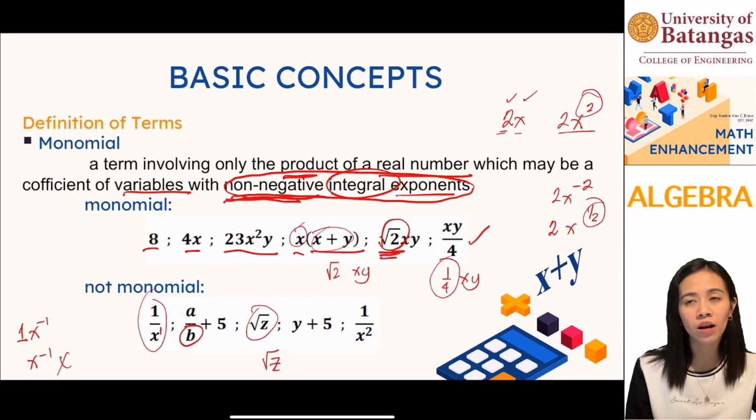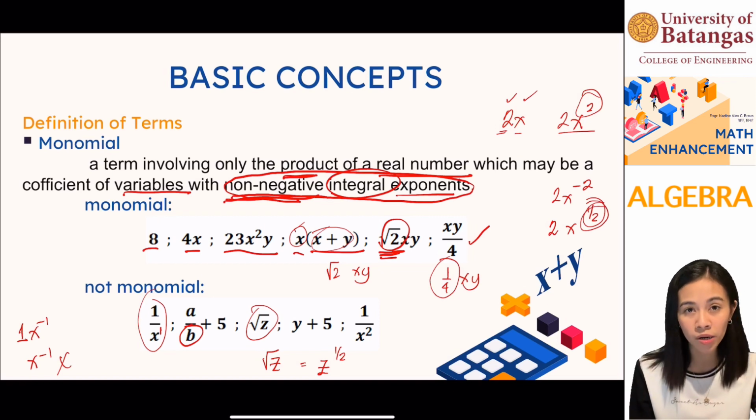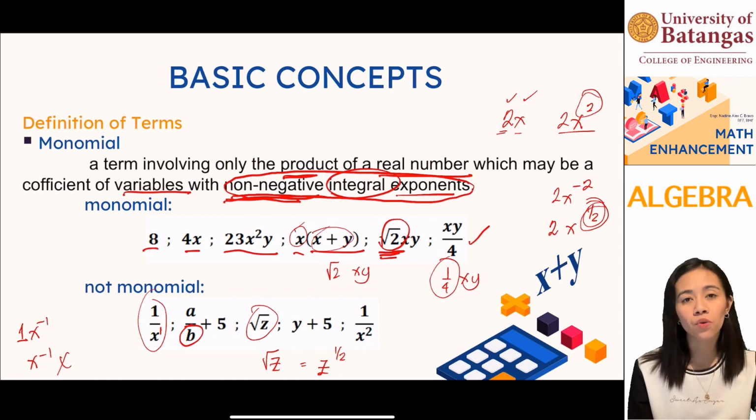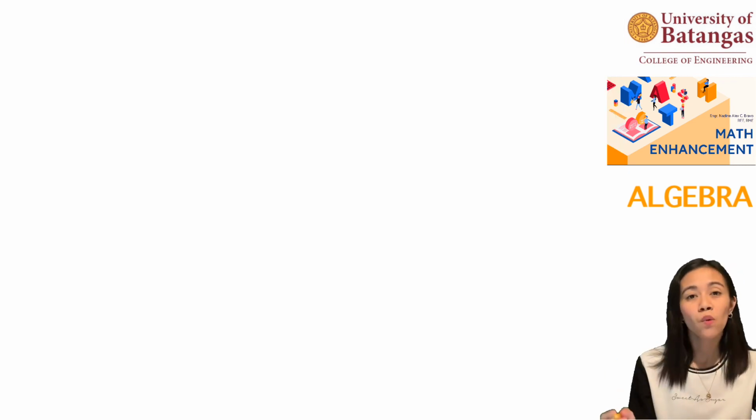Alam natin na kapag square root, pwede natin siyang i-convert into fractional exponent. Tama ba? Square roots are fractional exponents. Thus, yung square root of z mo is simply equivalent to z raised to 1/2. At kapag 1/2 yung exponent mo, kagaya ng sinabi ko kanina, it's not a whole number, it's not an integer. So, hindi siya pwedeng i-consider na monomial. Okay, and then you have, so, y plus 5 is not considered a monomial.